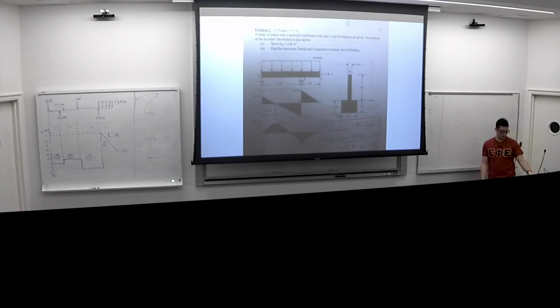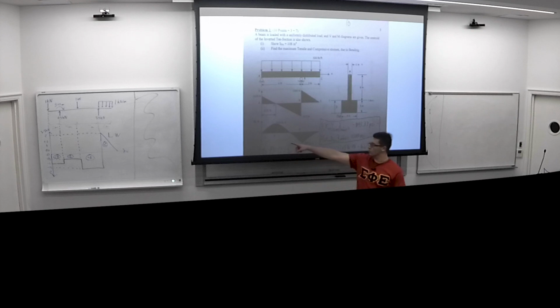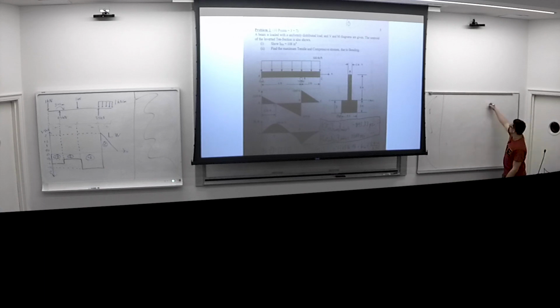Okay. Yes. Which one? That 8 kilonewton over here? Oh, yeah. On this one, I added it because the sign convention for when you're doing these problems is the sign convention for bending moment.